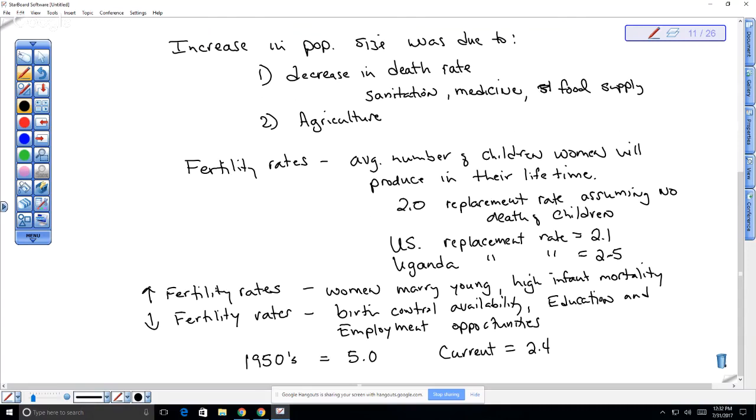So we're decreasing the number of offspring that we're having, but the population size is still increasing because exponential growth depends upon population. So that initial population size will tend to continue to cause an increase in the population as a whole.